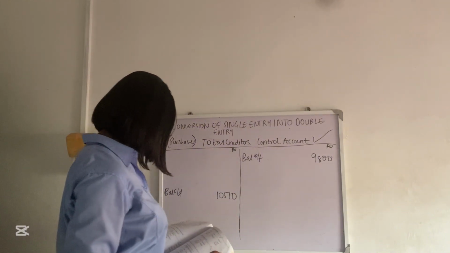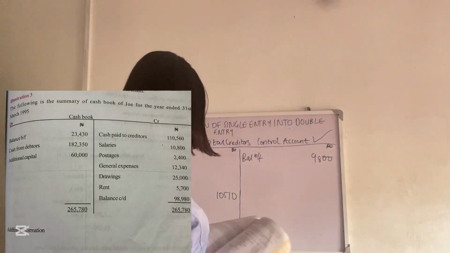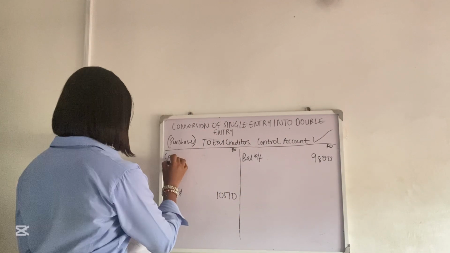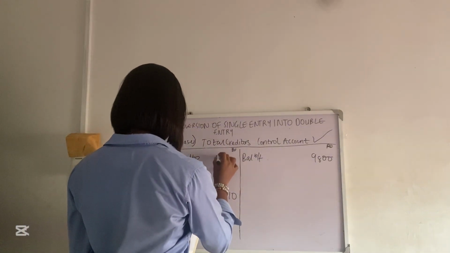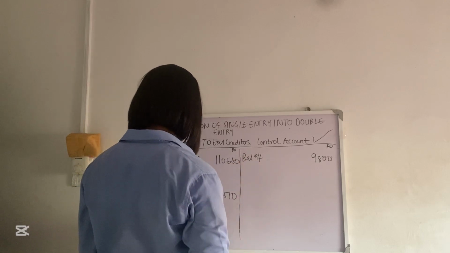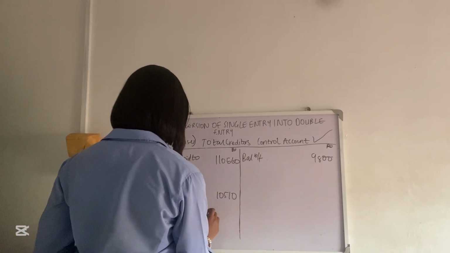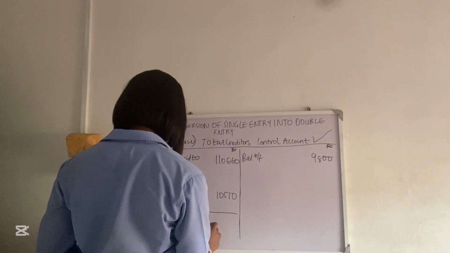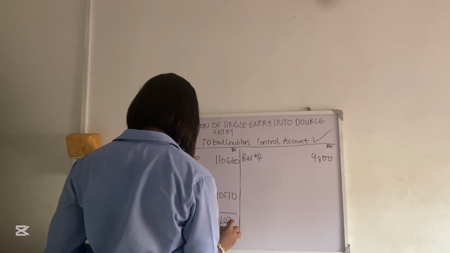Now let's go to our cash book. Cash paid to creditors is 110,560. So now the total, this one will obviously be bigger. The total of this is 121,070.